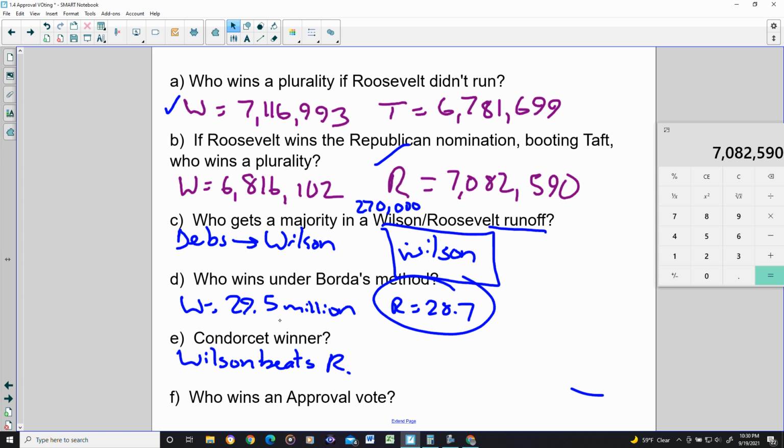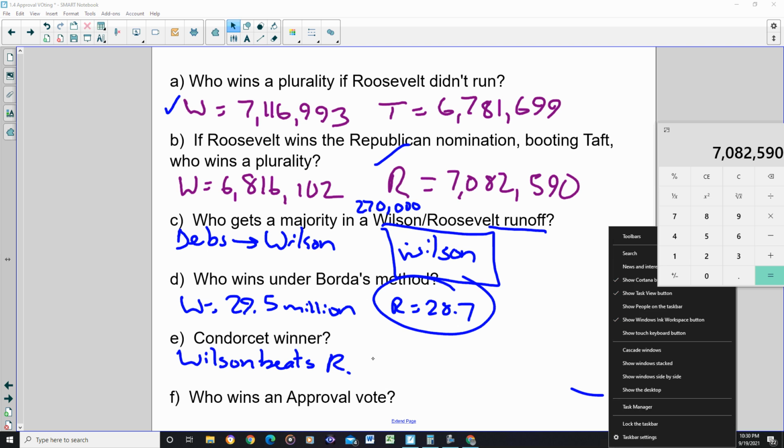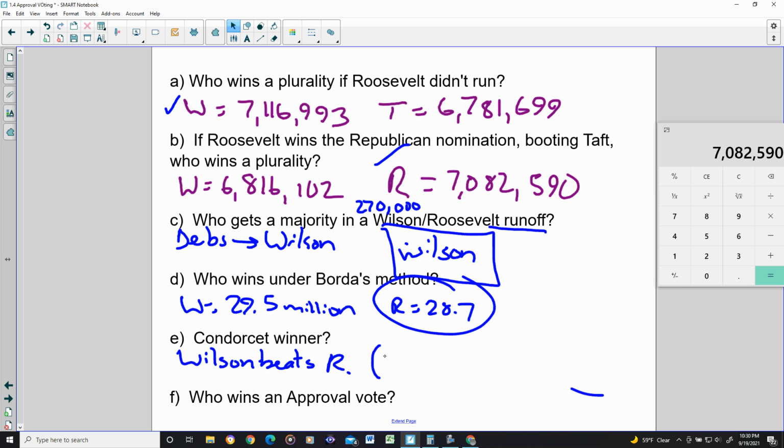So, unlike before, where we were able to flip the winner up here because Wilson was already beating Taft, even without a runoff, suppose we do make it a runoff, he's going to pick up all of Debs voters and have an even bigger lead. So we can say Wilson already beats Taft.